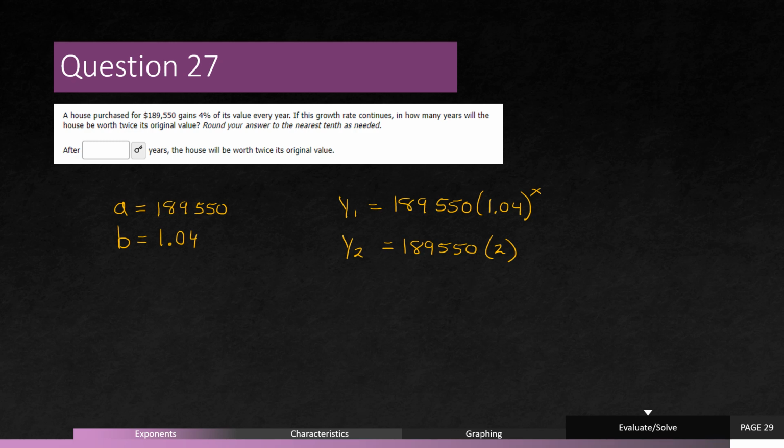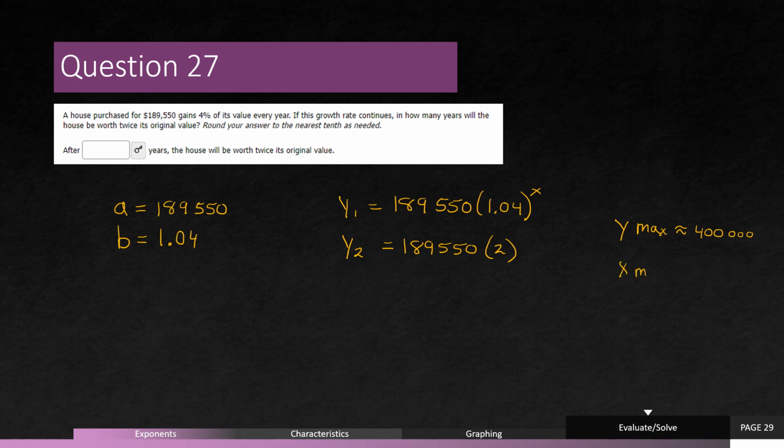So I have these values in there. I'm going to put y1, y2. You are going to want to expand out that window. And since this is about 200,000, you're probably going to want to get a y max of somewhere around 400,000, so that you're going to be able to see that intersection and play with the x value, find a good x value.